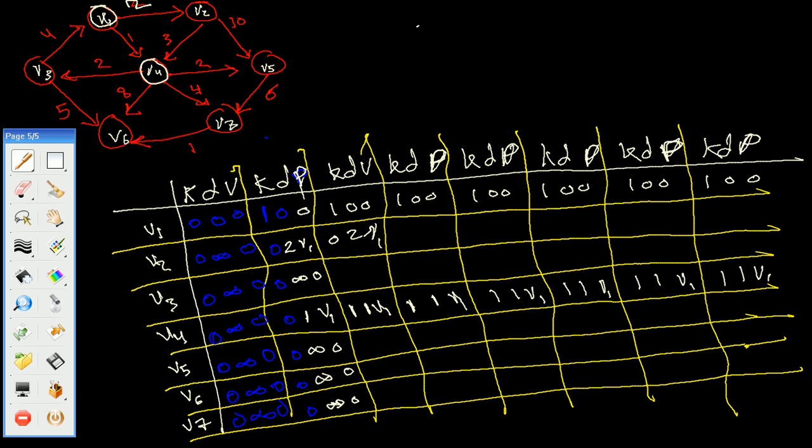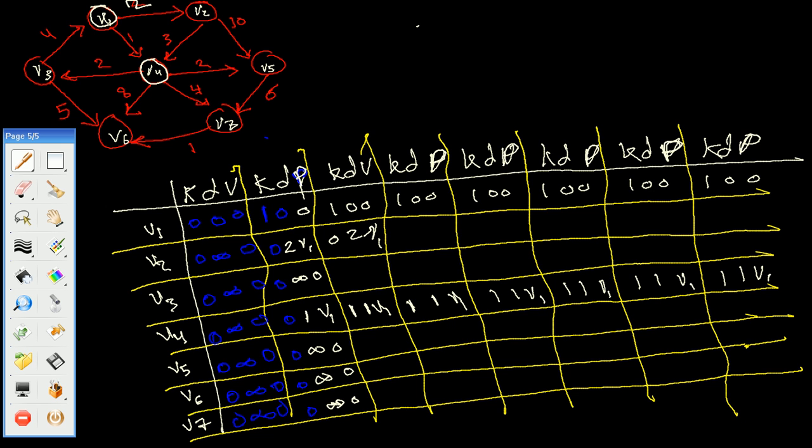And V3: we want to move to V3. We can move from V1 and we can move from V4, but it's better to take the minimum cost.